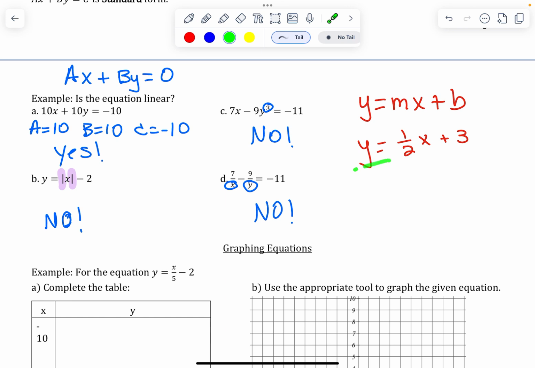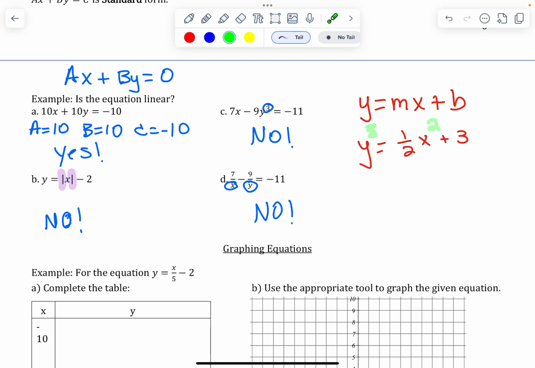We don't have anything weird in the bottom of our denominator, so no x in the bottom or y in the bottom. We don't have any unusual exponents, 2's or 3's, so this one would also be a linear equation, okay?